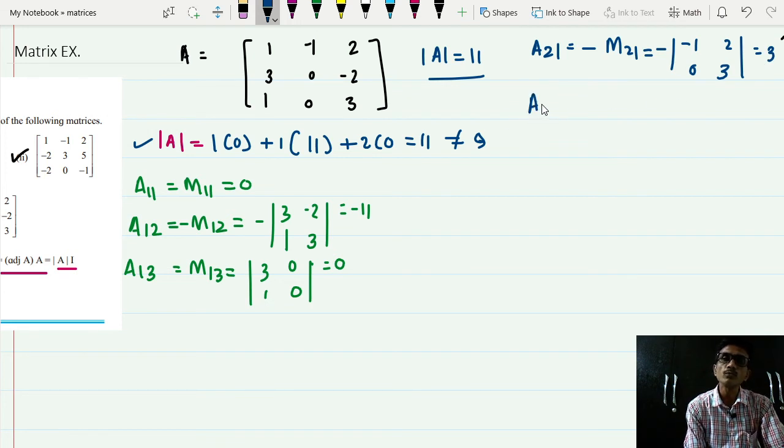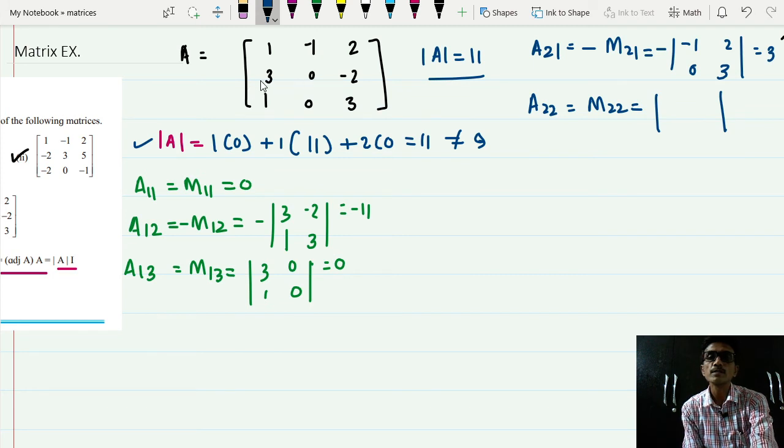A22 is equal to M22, which is the value of this determinant. You have to leave the second row and second column: 1 1 and 2 3. So the expansion is 3 minus 2, 1.